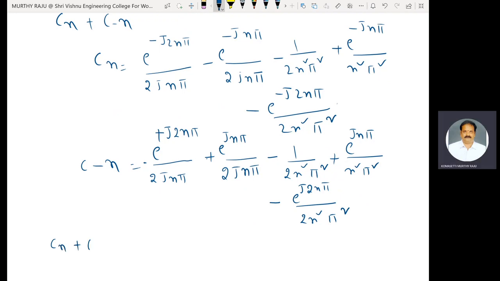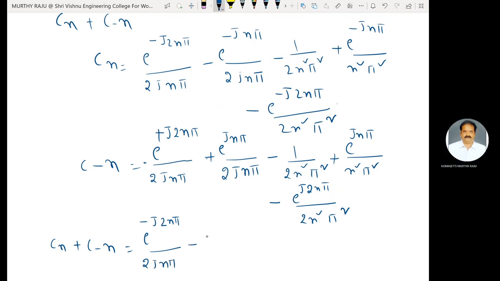Cn plus C minus n is equal to, here, e^(-j2nπ) by 2jnπ minus e^(j2nπ) by 2jnπ.